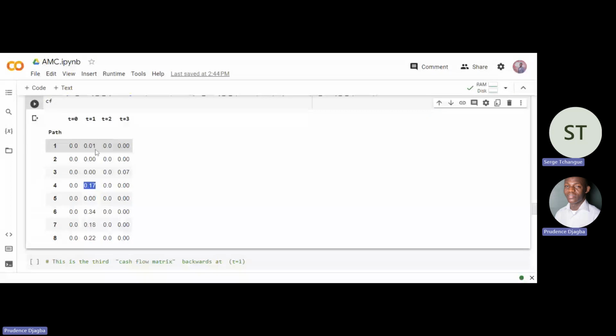The EE is not going to be a matrix. It's just going to be a vector. When you've got all these matrices of optimal values, which is the maximum between the payoff and the continuation value, you do the average across each time. That's why it's called expected exposure, because you have an exposure for each path.